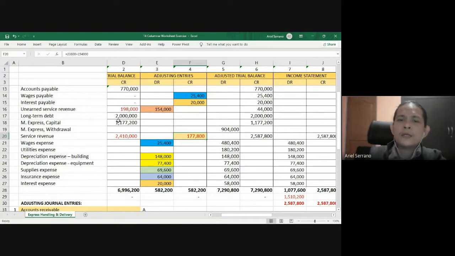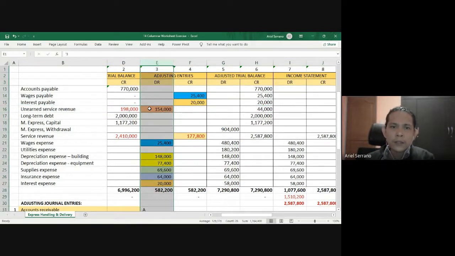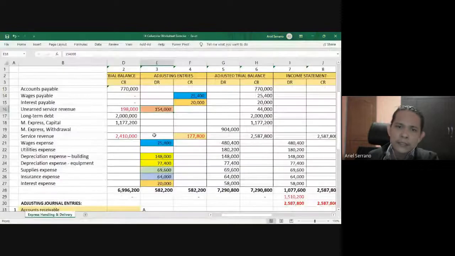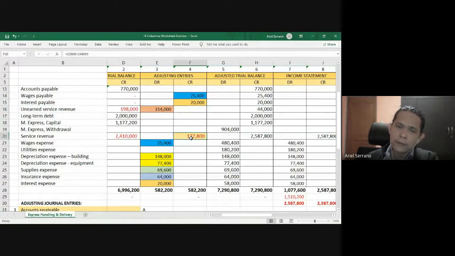A credit to your service revenue and a debit to your unearned service revenue. A decrease in your liability account. Okay, so this is the portion. 154,000. Okay? So if we have to journalize this one, debit unearned service revenue, and credit service revenue.